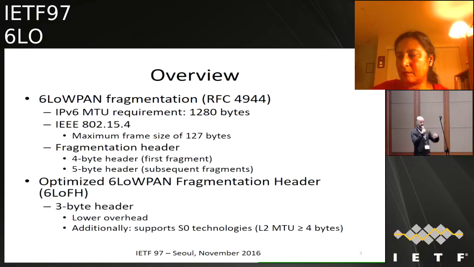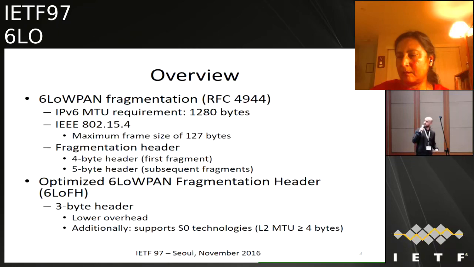However, in this document, we are proposing what we call the optimized 6LoWPAN fragmentation header, which has a 3-byte header format for all fragments. And the main advantage here is lower overhead. However, there's some additional advantage in the fact that it supports very constrained technologies, even with very short layer 2 MTUs, such as only 4 bytes in the most extreme case.